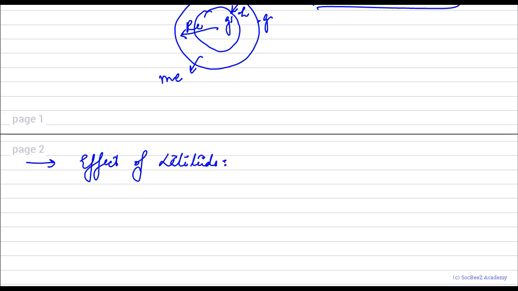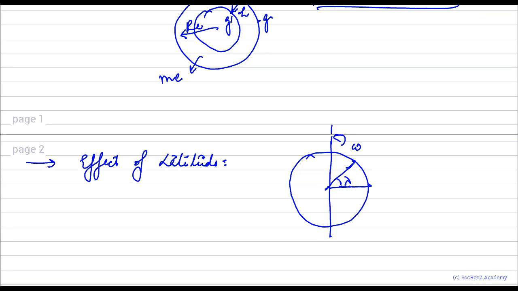So if I talk about the effect of latitude, let's say I have my earth which is rotating with an angular velocity of omega, and I have my body at a latitude of, let's say, lambda.